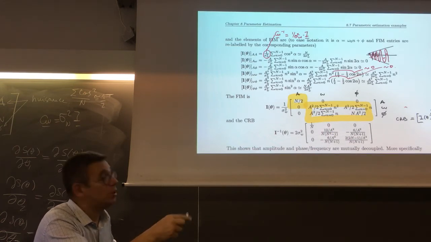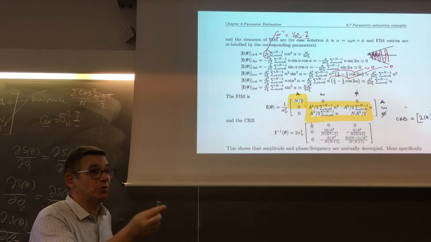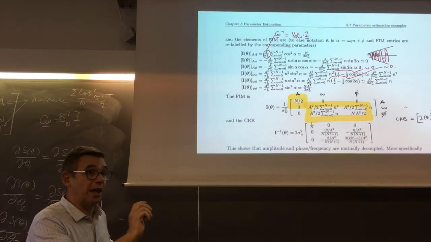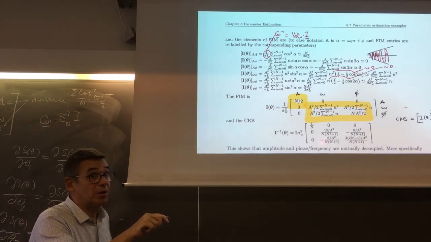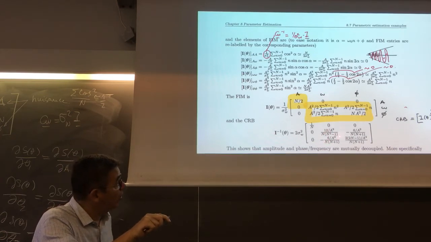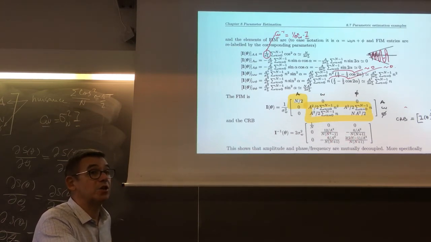Okay. But if you don't know this rule, the most rigorous way is to look at the Kramer-Rao bound. And from the Kramer-Rao bound, you can immediately say that the off-diagonal terms for omega and phase, so for frequency and phase, they are mutually correlated. They are not decoupled. Okay.